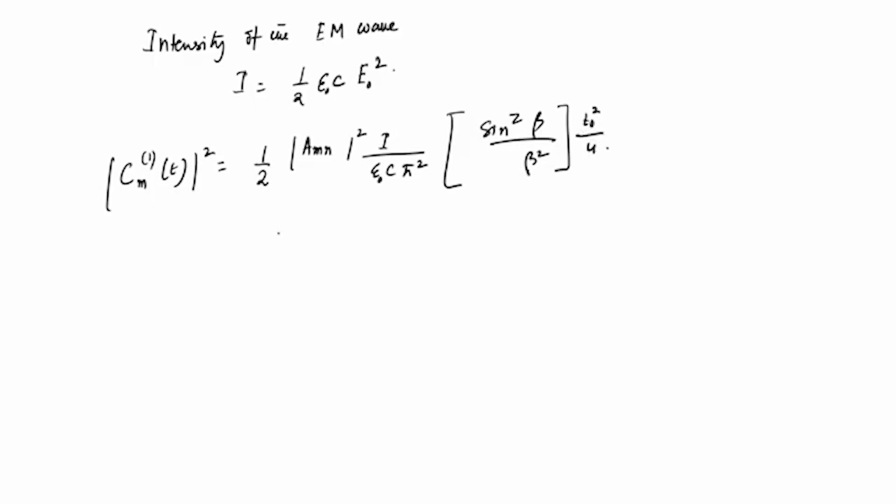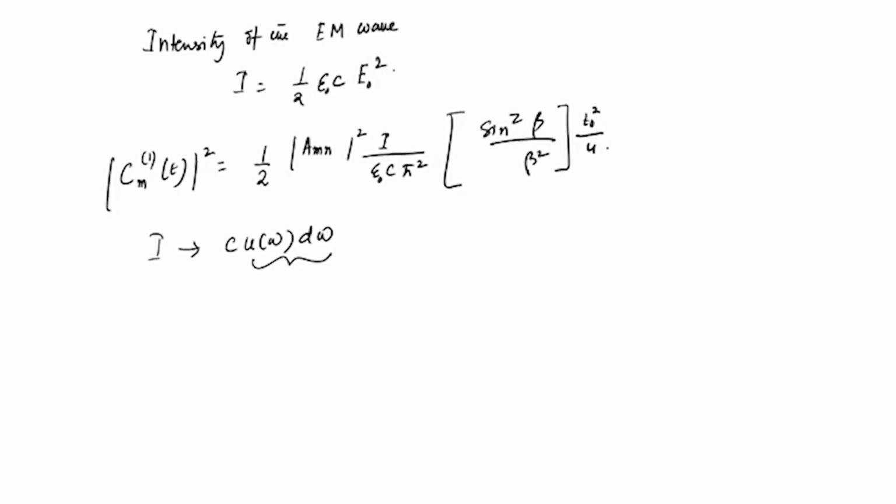So, this is the same thing written in terms of the intensity. This intensity can be replaced by the speed of light and the energy density of radiation. So, this quantity is nothing but the energy density of radiation between a frequency omega and omega plus d omega. Okay, so this transition probability finally brings me to this thing.